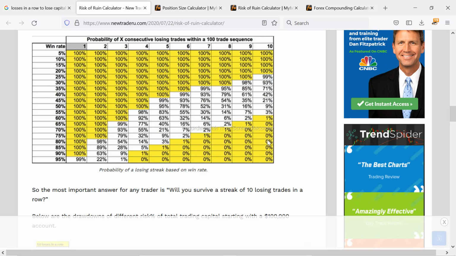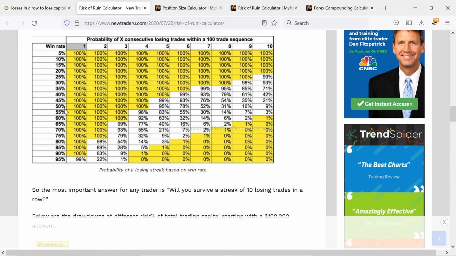They have the yellow that you see here, a standard deviation above, a standard deviation below. They calculate for you the likelihood that you're gonna have X amount of losses in a row, according to your win rate. Our win rate is gonna be around 60%.